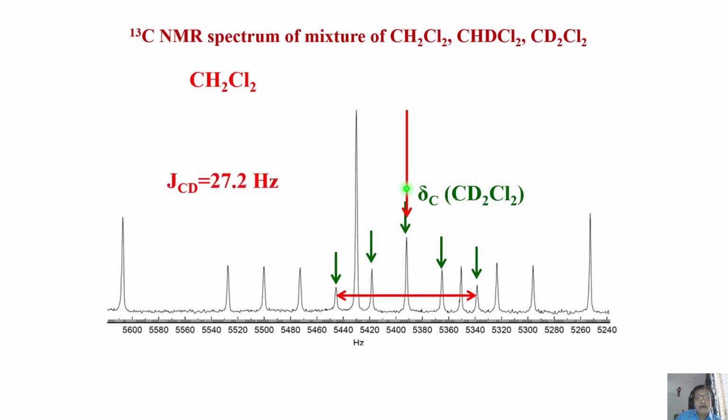Now, isotopic shift is 0.19 ppm per deuterium. One deuterium it is here. If I have 2 deuterium, if there are 3 deuterium, it keeps on changing. So what does it tell you? I also told you in the morning, by the substitution of a heavy atom, the peak shifted to the high field. This is one of the concepts you should remember.